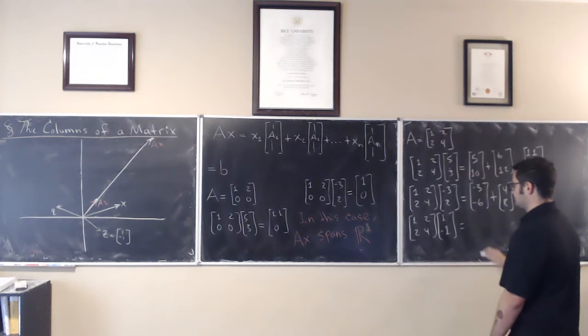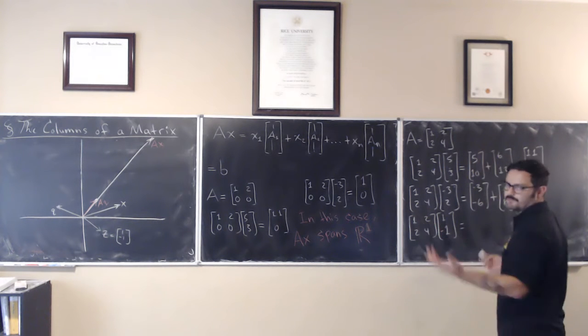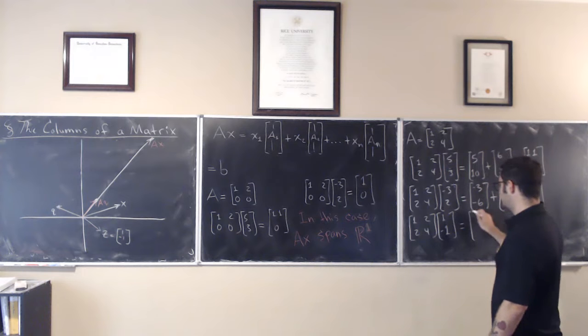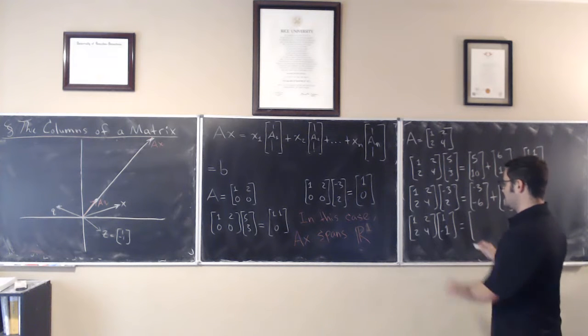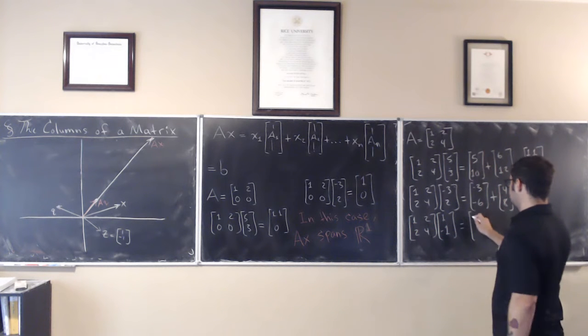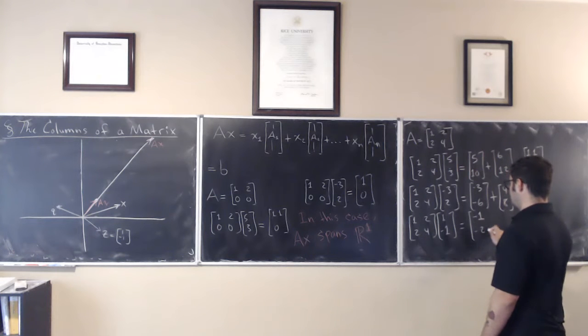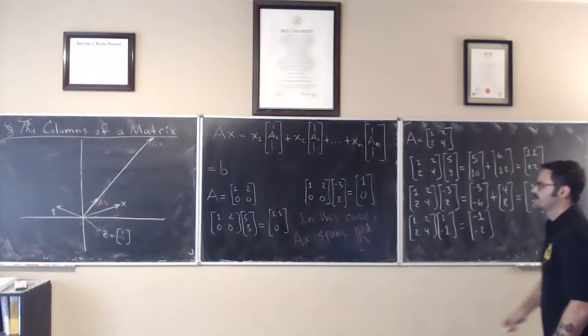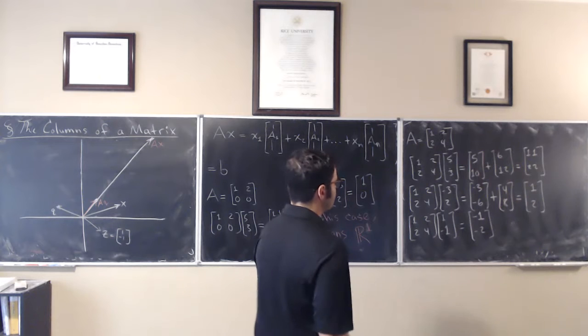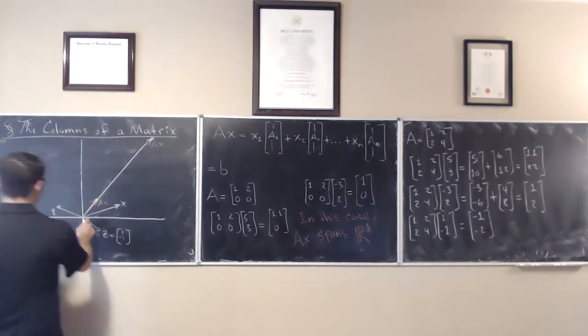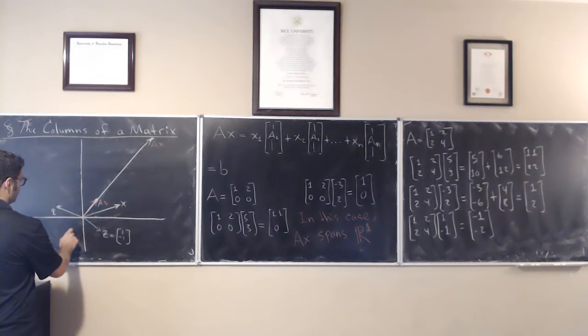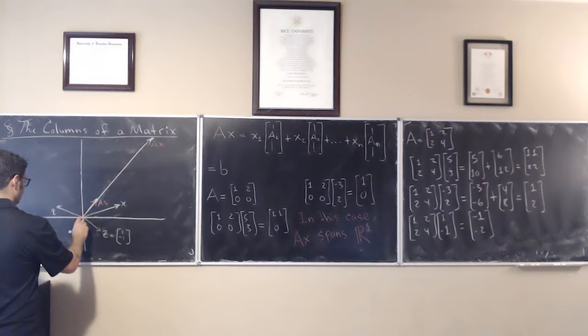So this is like that minus that, basically, right? So this is going to be 1 minus 2 there, and 2 minus 1 there. -1, 2. -1, -2. So that's A times Z.